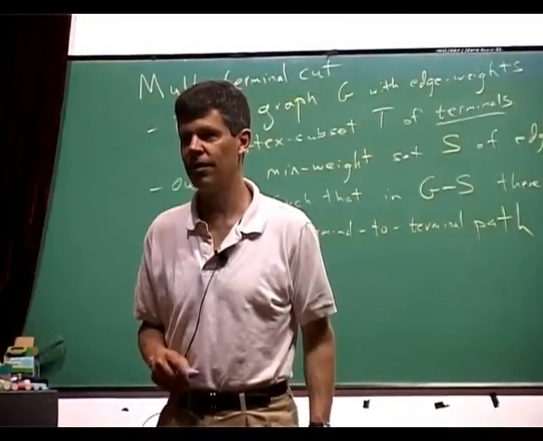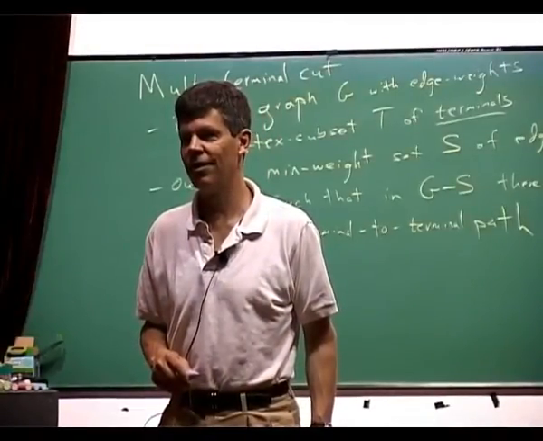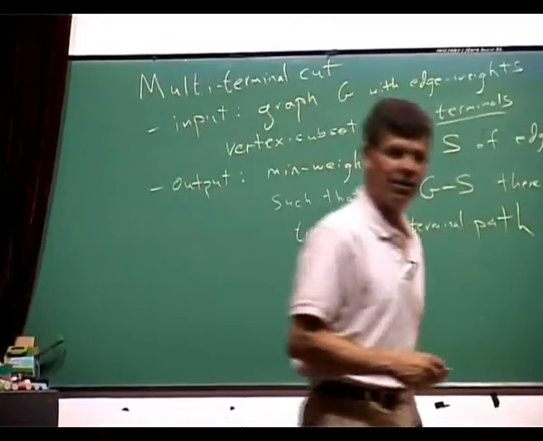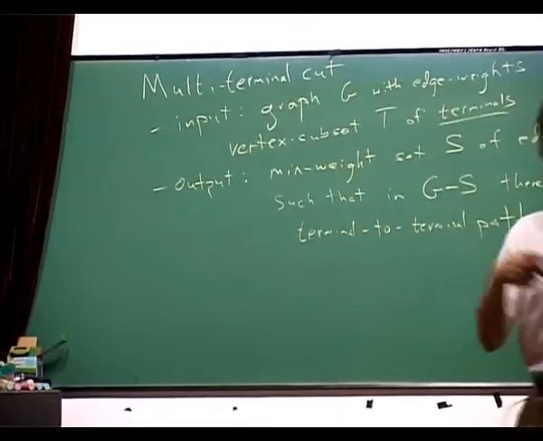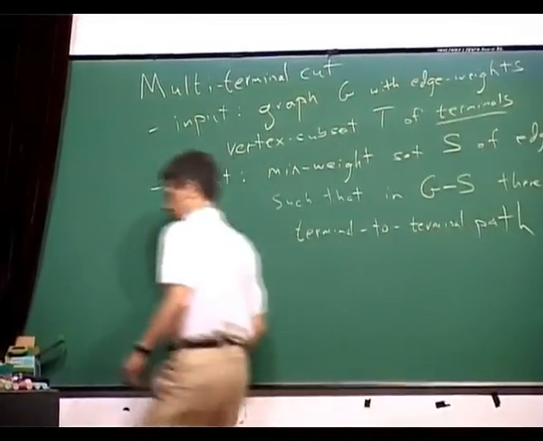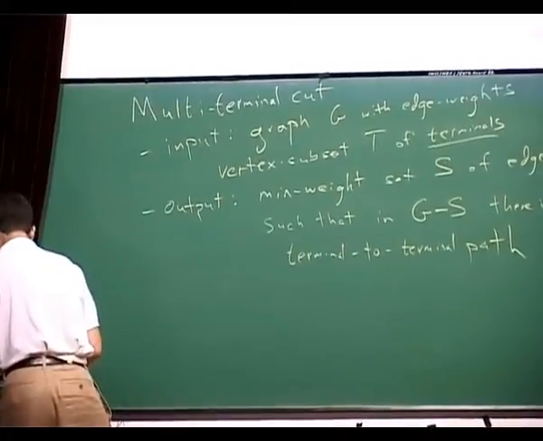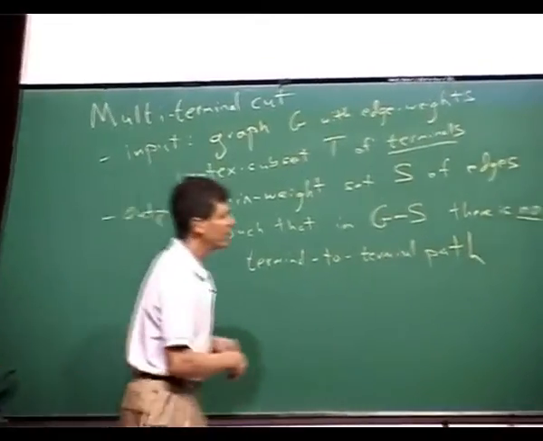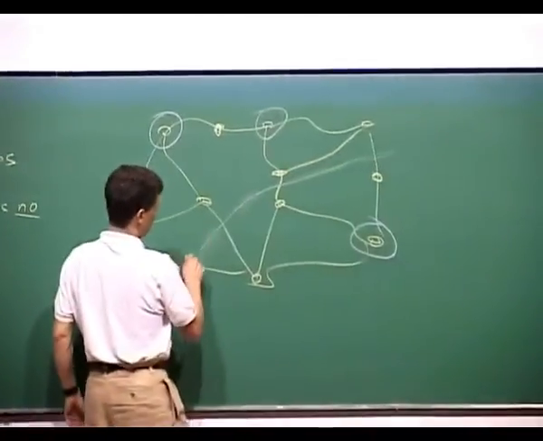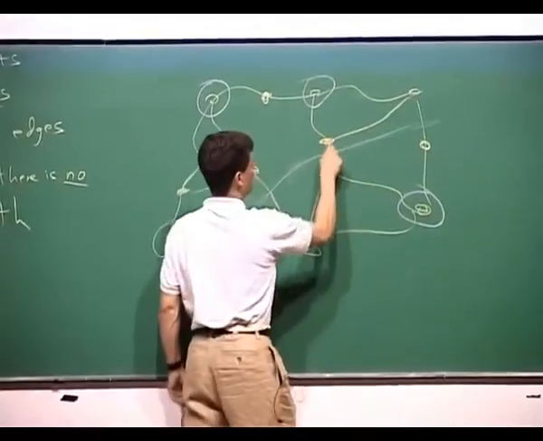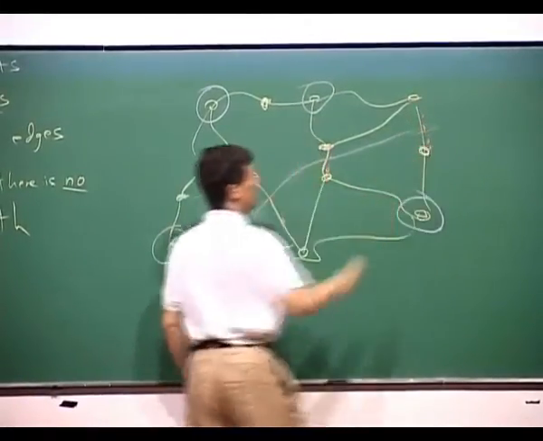We have to find partitions so that the edges crossing are at low cost. Exactly. You're adding those edges across. So the idea is that you'd add these edges.